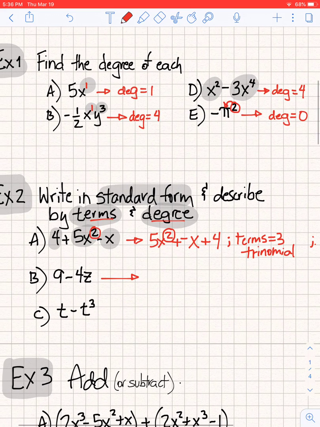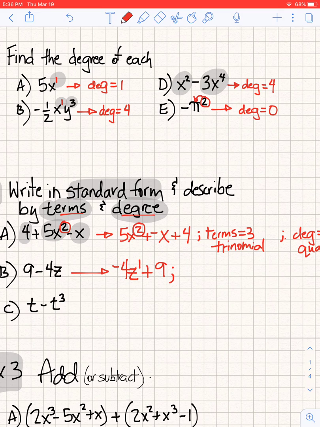Looking at example B, here we'll go a little bit faster. Again, we put the 4z in front. Watch out, don't forget about that negative sign that travels with it. Plus 9, so the exponent again has a power of 1, so that gets ahead of the 9. It's more important, it has more influence on the problem.